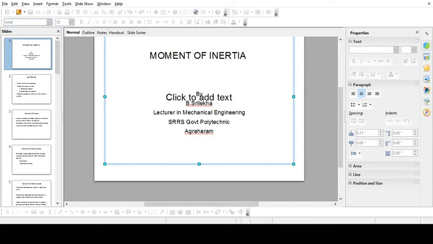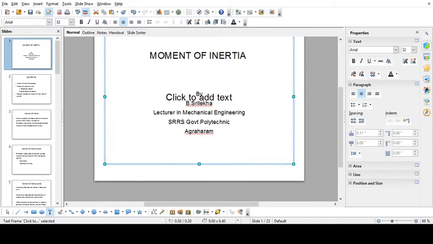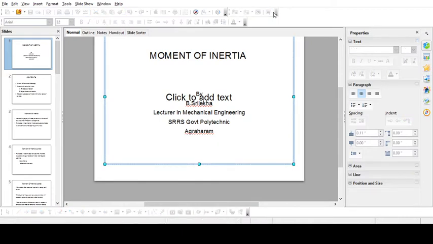So, till now we have discussed something regarding the centroids, but we have also discussed the problems on symmetric sections and I section, C section, and certain laminar areas with cutout portions.